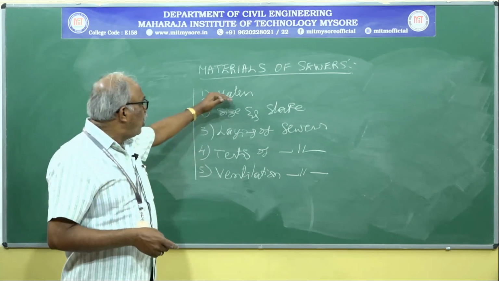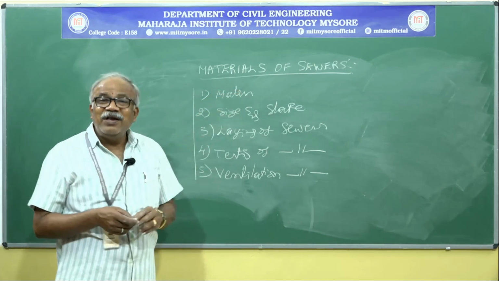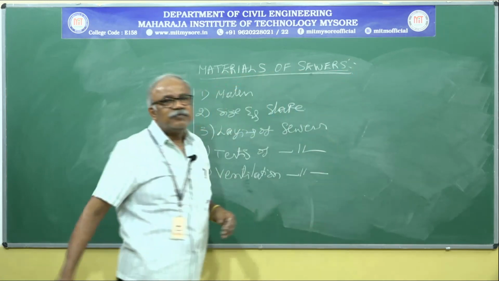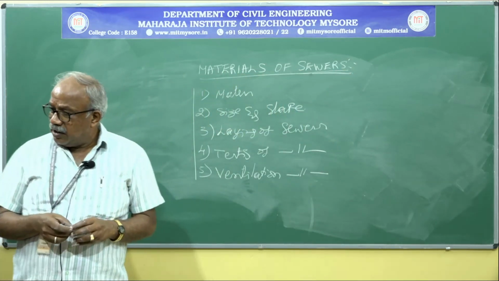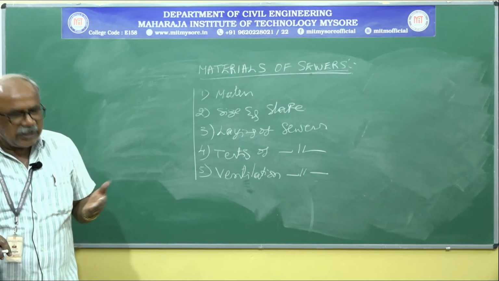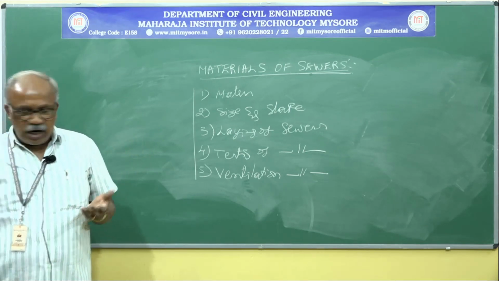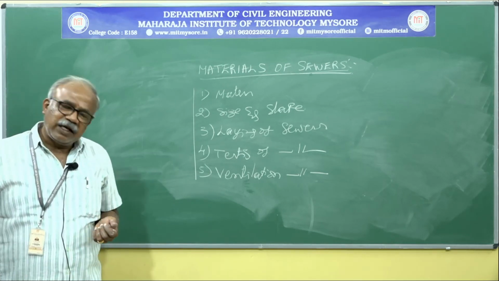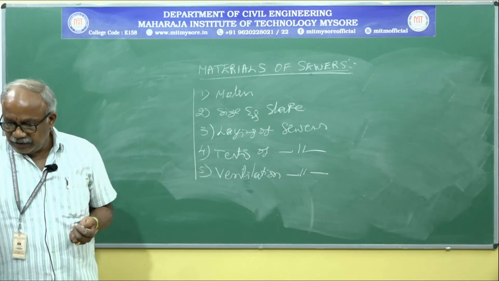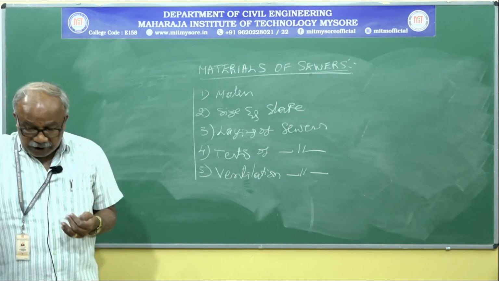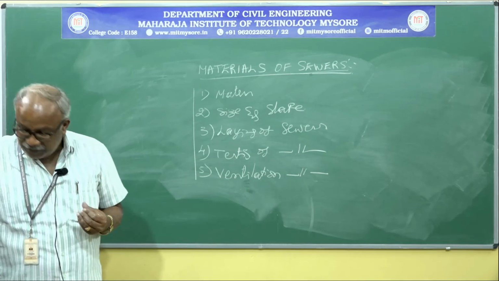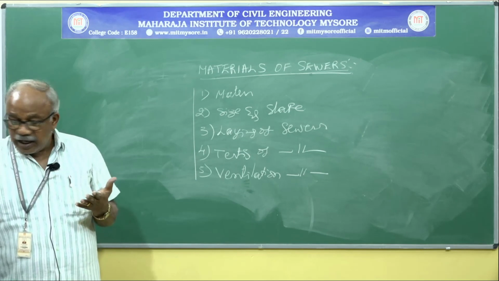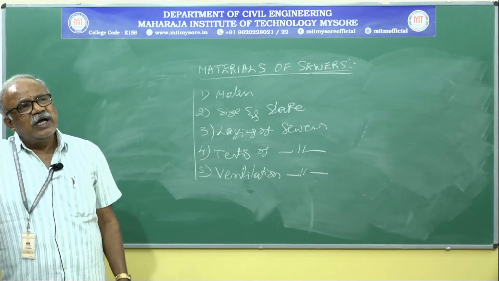Okay. So, what are the different types of materials we are going to use for sewers? Asbestos cement sewers, cast iron sewers, brick sewers, cement concrete sewers, plastic sewers, steel sewers, stoneware sewers, as well as wood sewers.